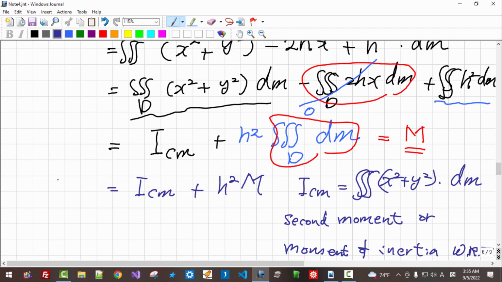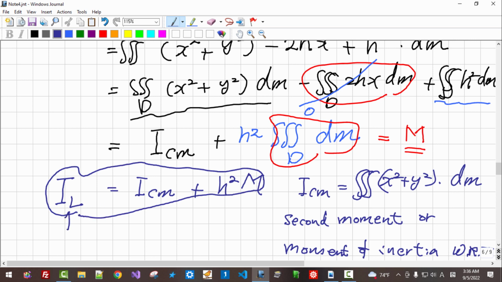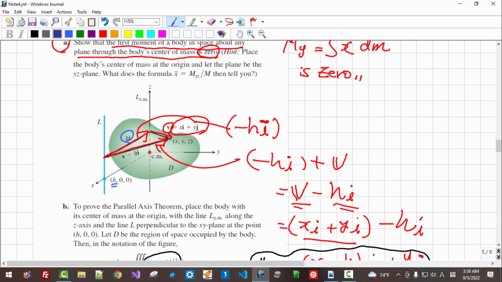So I L, the moment of inertia with respect to line L, the rotational axis, is the moment of inertia with respect to the center of mass plus h squared m. h is the distance from the center of mass to the new axis of rotation.